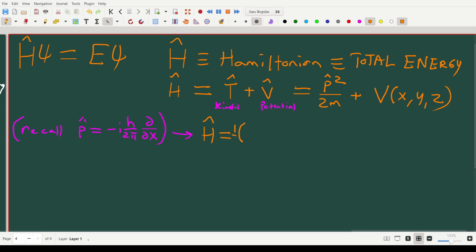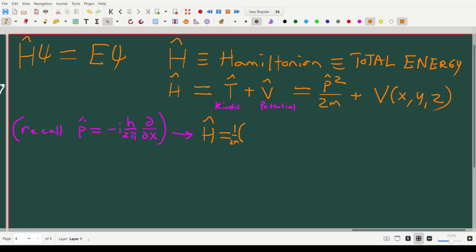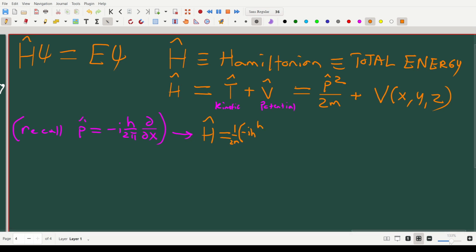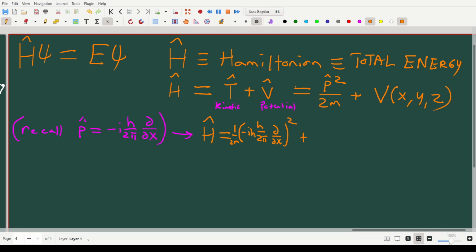So this is 1 over 2m times minus i h over 2 pi d by dx squared plus V of x. I'm just going to do one dimension, but we can write x, y, z if we wanted. And so let's do this math a little bit. The minus sign cancels out, but we have an i squared that gives me a minus sign.